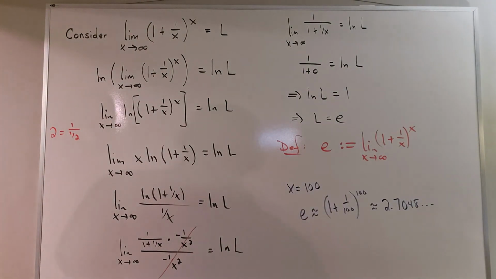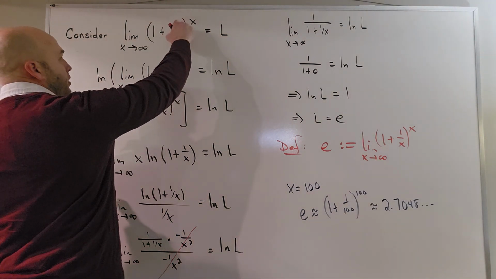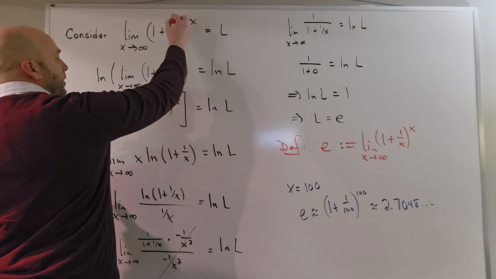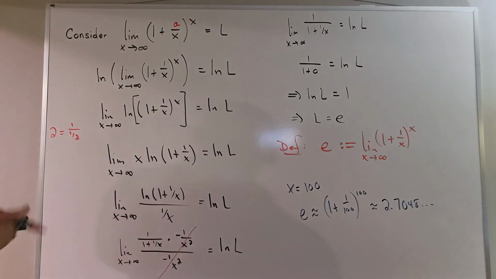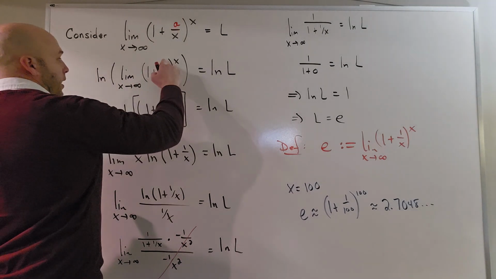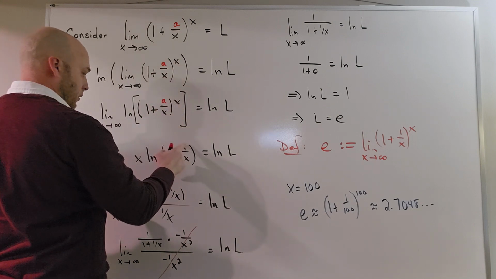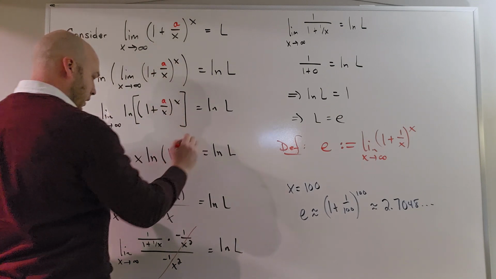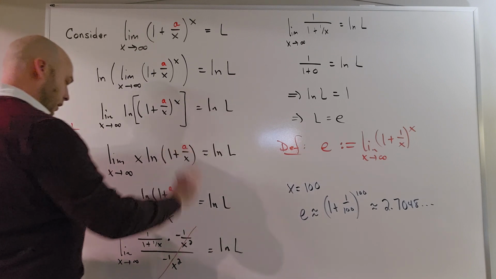If I look back at this work, I could slightly generalize this. Suppose I change this numerator here to an a. Then let's trace through what happens with that number. If that was a, then that would be a. This would be a.